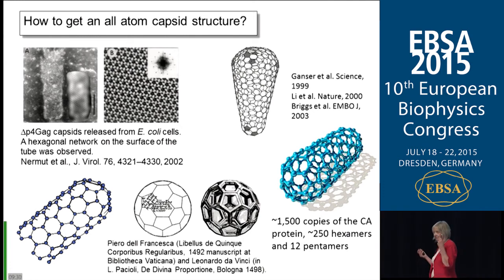And there is a particular number of pentamers, 12, that you need to close an ovoid. And even Leonardo da Vinci already knew this in the late 1400s. And for some of you, since we're in Germany, you will probably be more reminded of a soccer ball than of what Leonardo da Vinci drew there on geometric means.